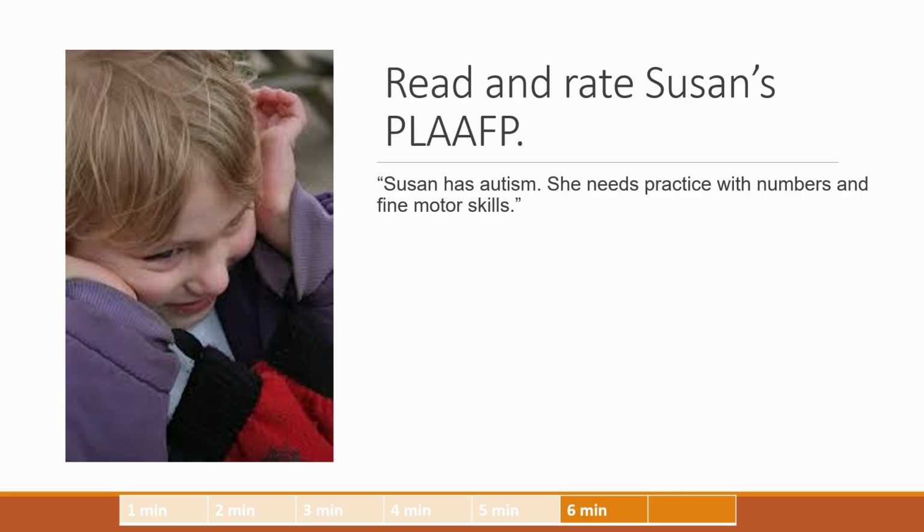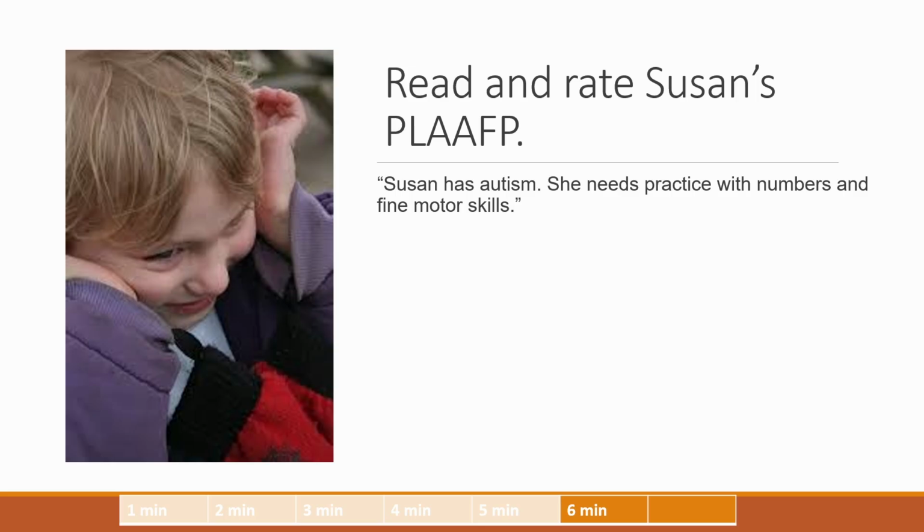A sentence like that, "Susan has autism," is very rarely written in the IEP document. Usually you find in the eligibility paperwork the designation of the eligibility determination, but providing that sentence followed with what she needs practice in doesn't function as a PLAAFP. It doesn't tell us anything about academic achievement or functional performance.